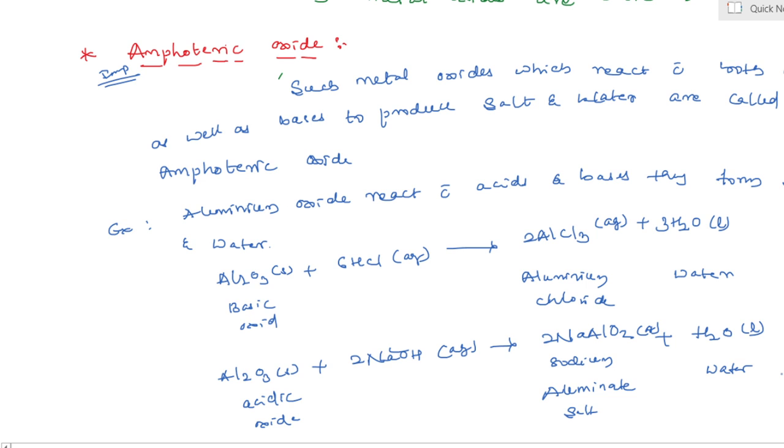Also, metallic oxides are insoluble in water, but some of these dissolve in water to form hydroxides. They are known as what? Alkalis.